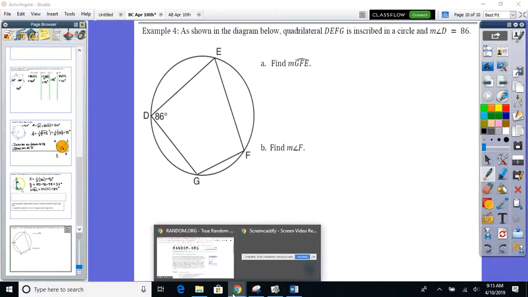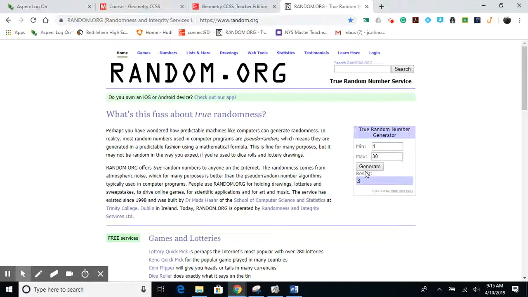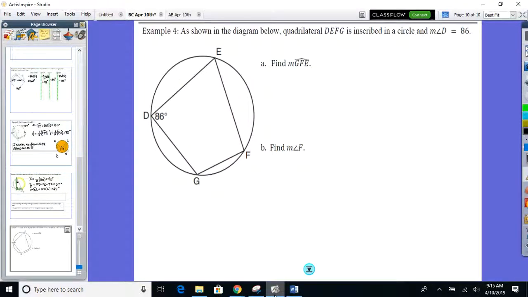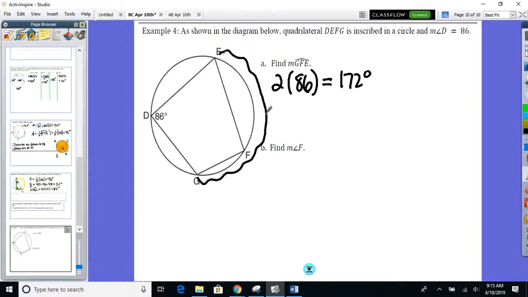All right, what are we doing to find arc GFE? Doubling the inscribed angle that's drawn to it, which is 86. And what do we end up with there? 172 degrees. So GFE is 172 degrees. Now I want to find angle F. What type of angle is F? Inscribed, right? So I should be taking half of which arc?